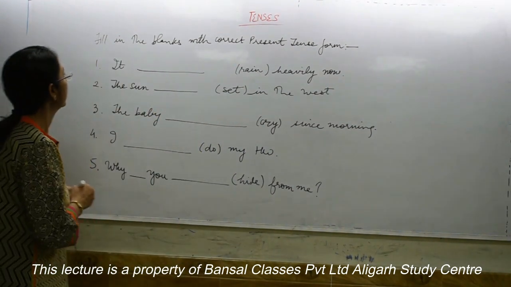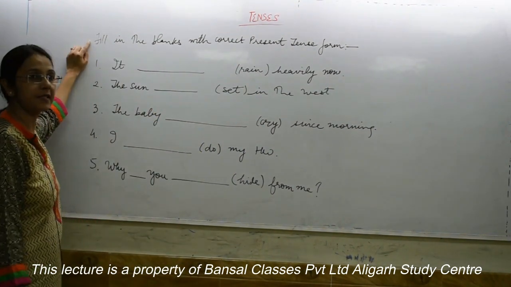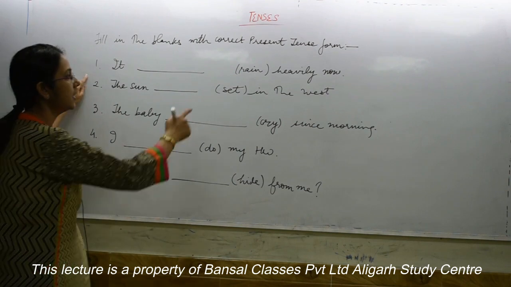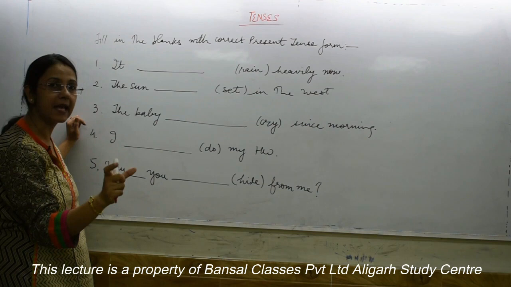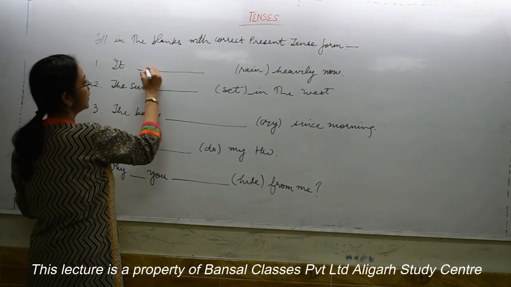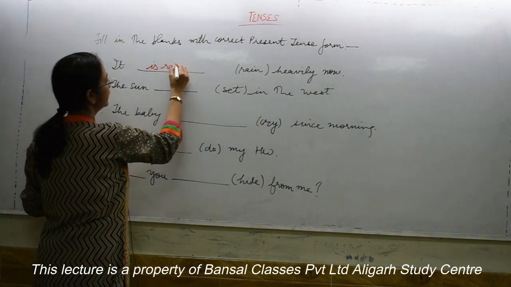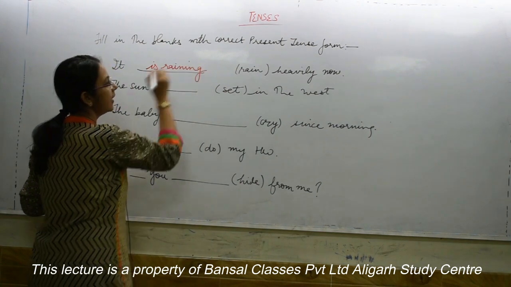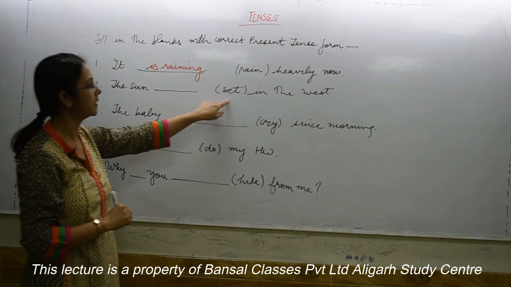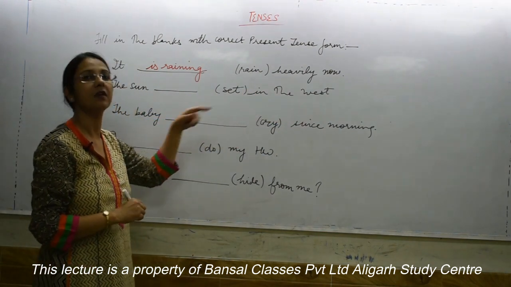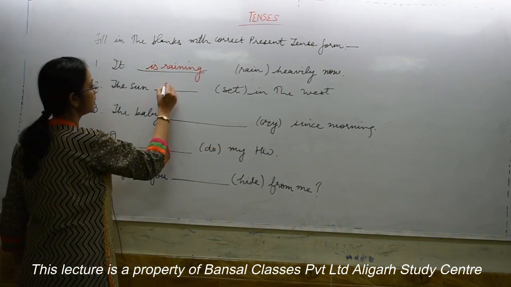So fill in the blanks with correct present form. It's raining heavily now. Now it represents the exact time, so it is raining heavily now. The sun sets in the west, so it's a generalized statement.